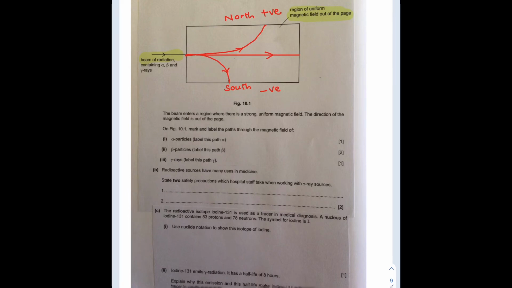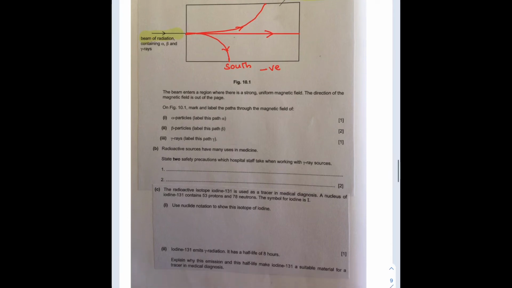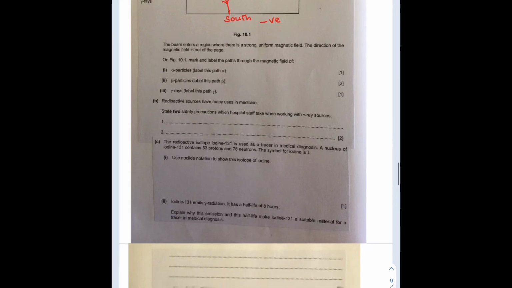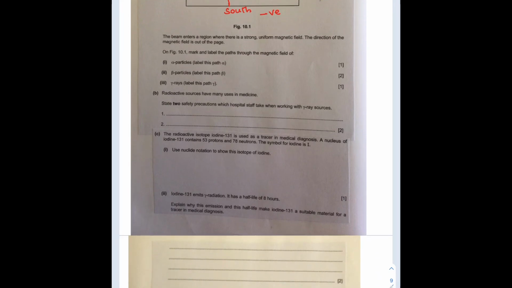Part B. Radioactive sources have many uses in medicine. State 2 safety precautions which hospital staff take when working with gamma ray sources, not X-rays, gamma ray sources. So they should stay behind the shielding. You must have seen the technician who takes X-rays.